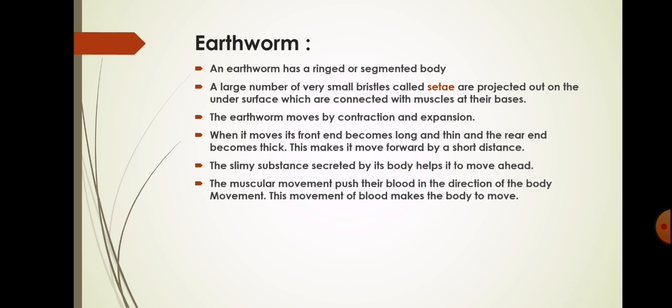Okay, the large number of small hair-like projections, that is hairs, are called bristles. Small bristles are present in the body of the earthworm, on the under surface, and these small bristles are called setae.